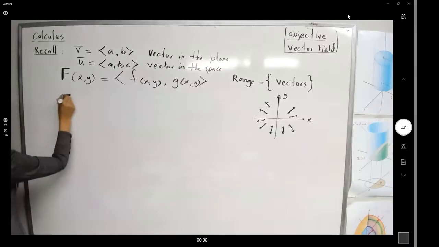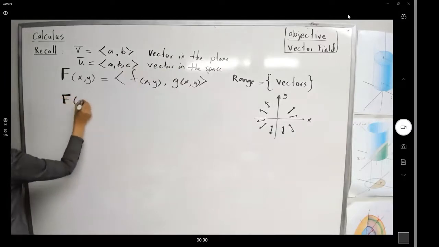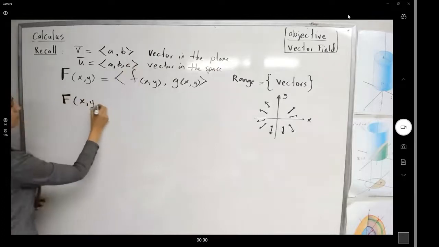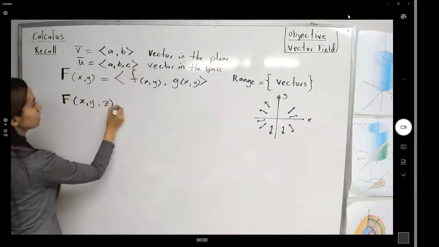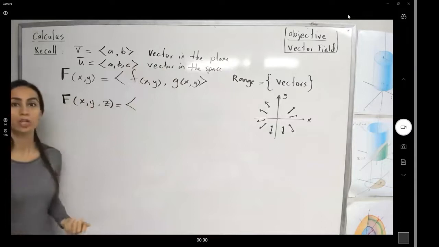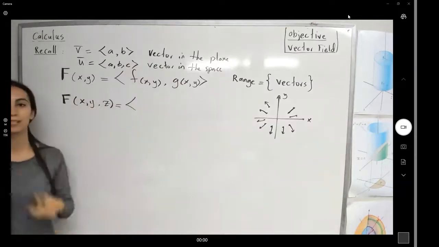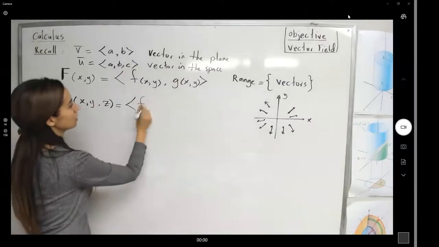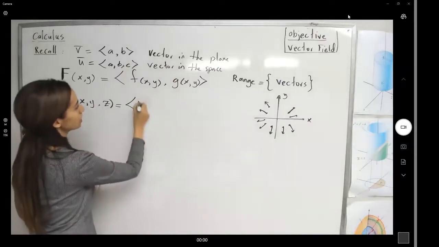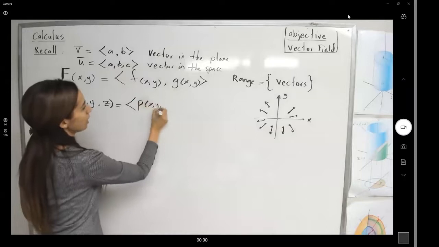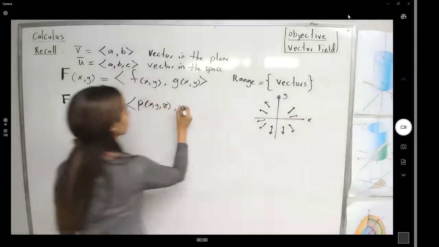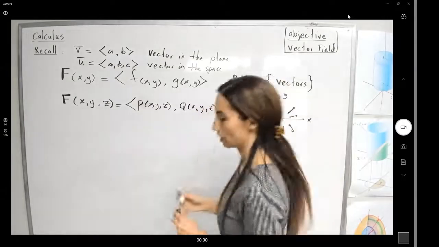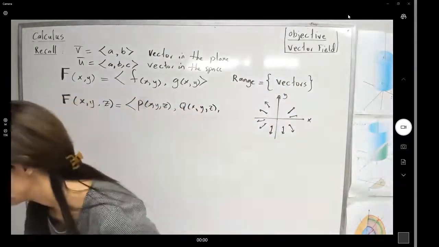So the vector function in the space, F of x, y, and z, is equal to P of x, y, z, Q of x, y, z, and R of x, y, z.